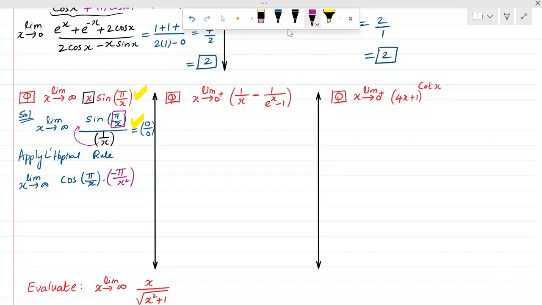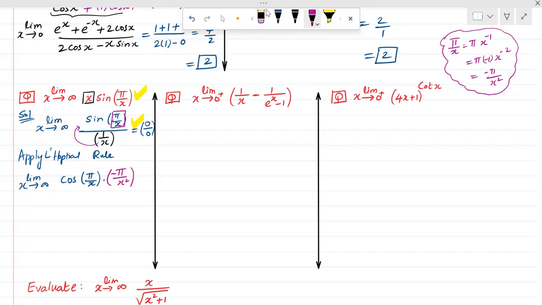It is the same idea. Pi is a constant. If you bring it up, the derivative of 1 over x becomes minus 1 into x power minus 2. When you write it in the proper form, it is minus pi over x square. So this is the derivative of pi over x.